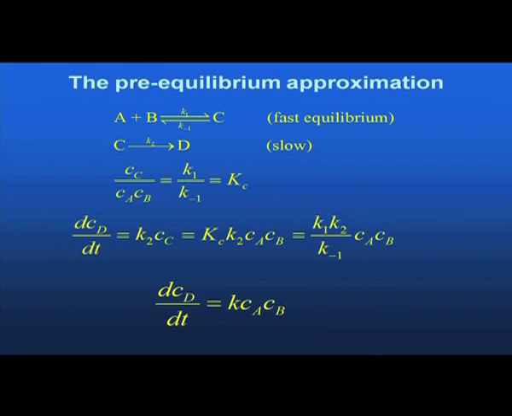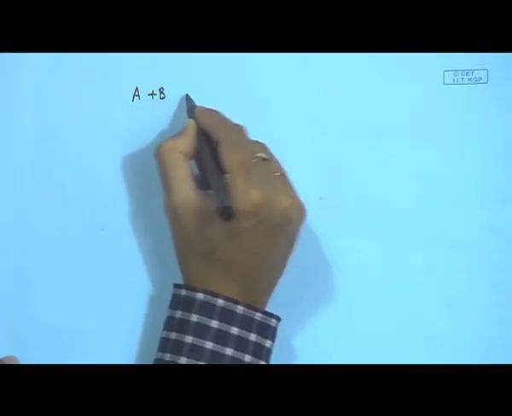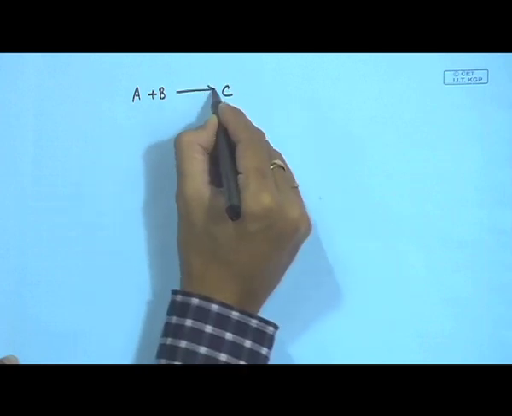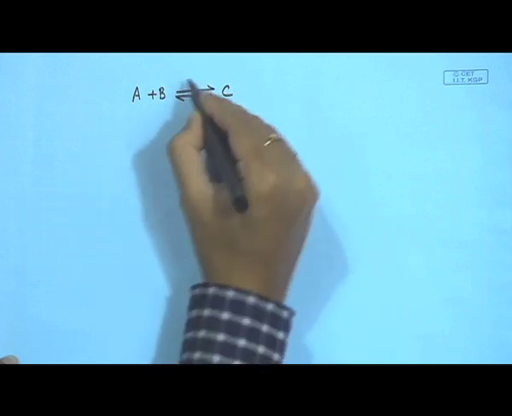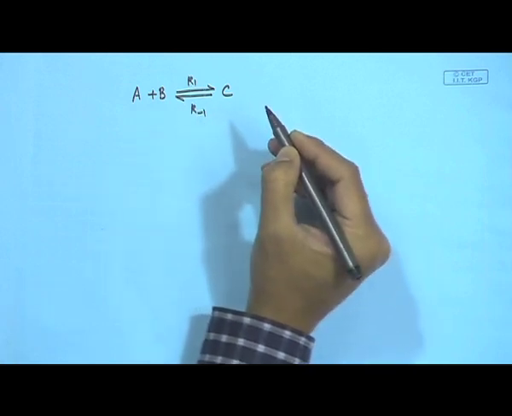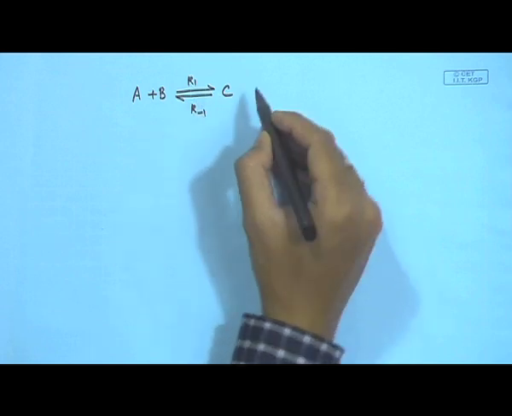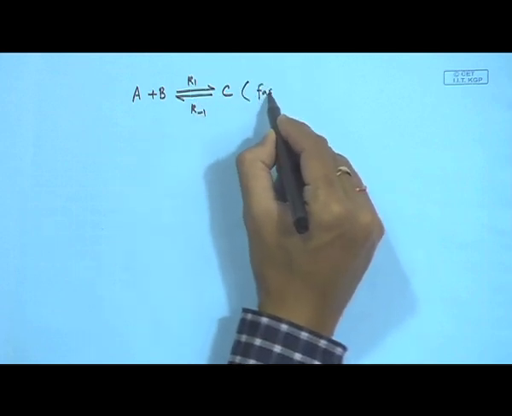Now, what is the pre-equilibrium concept? Let us take an example: A plus B giving rise to C, but this is an equilibrium process. K1 is the forward rate constant and K minus 1 is the reverse rate constant. So, this is the fast equilibrium.